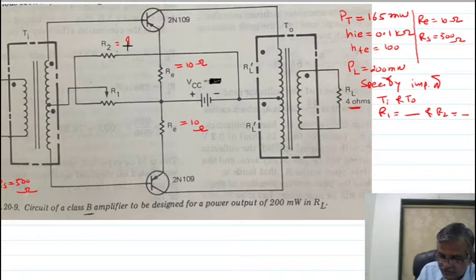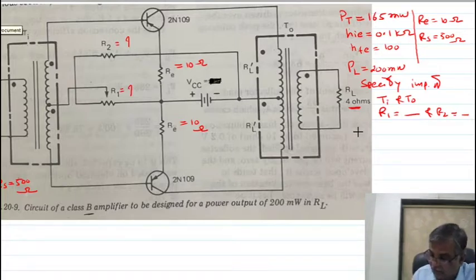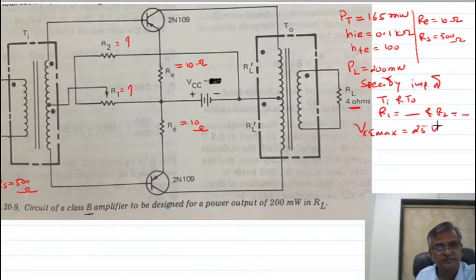These are the questions: specify the impedance of the primary and secondary of the output and input transformer. They have given the maximum voltage the transistor can bear as 25 volt.